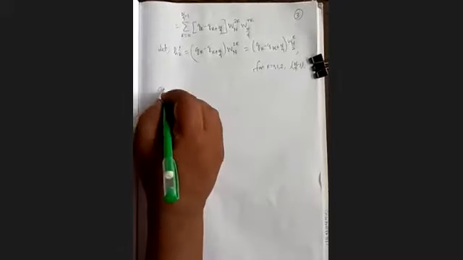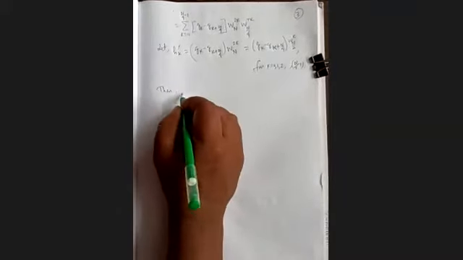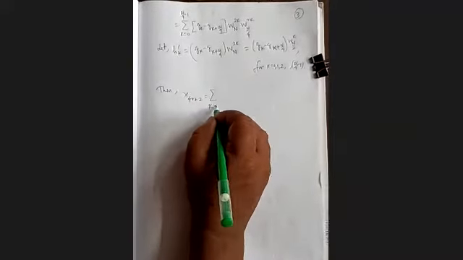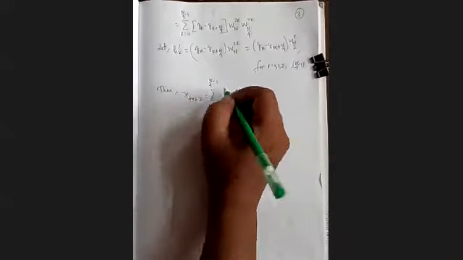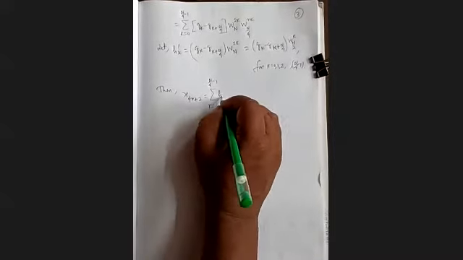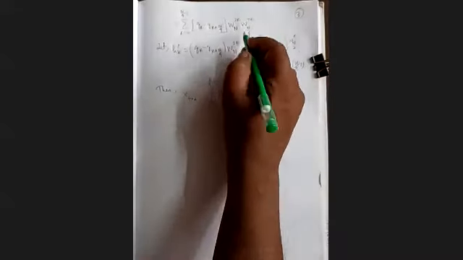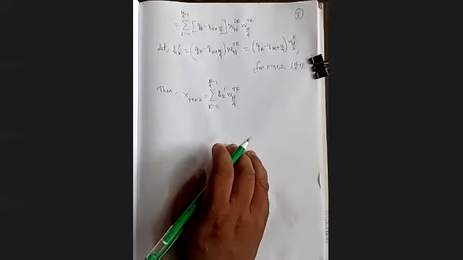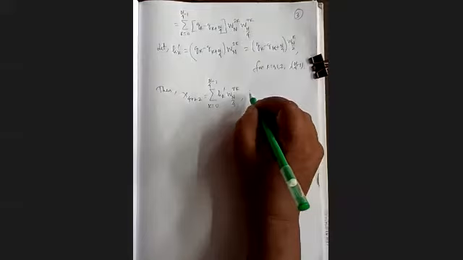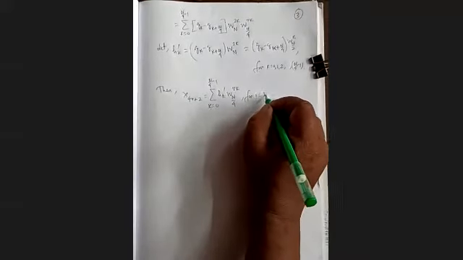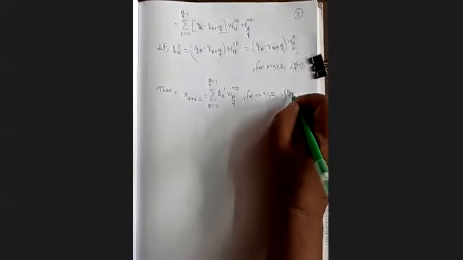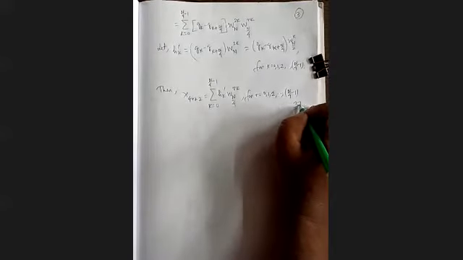So then what will it be? It will be x 4r plus 2 equal to sum up to n by 4 minus 1 of hk dash, then w n by 4 to the power rk for r equal to 0, 1, 2 up to n by 4 minus 1. So this is our relation 37.